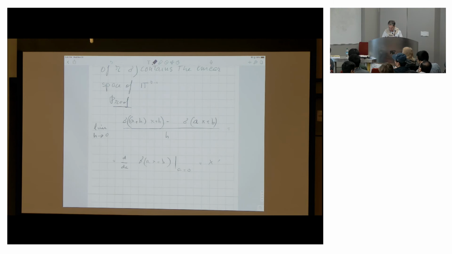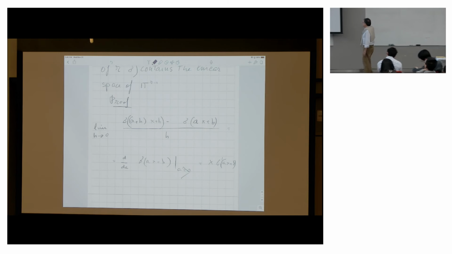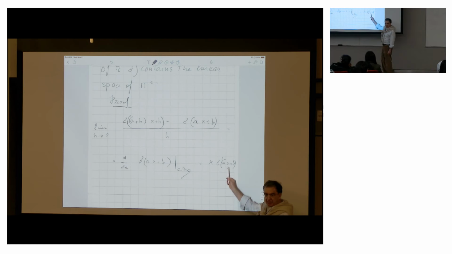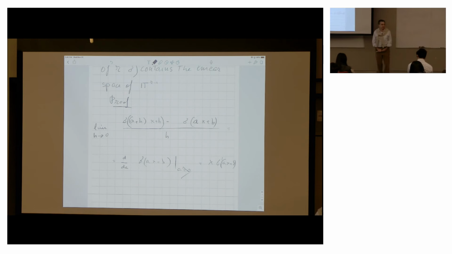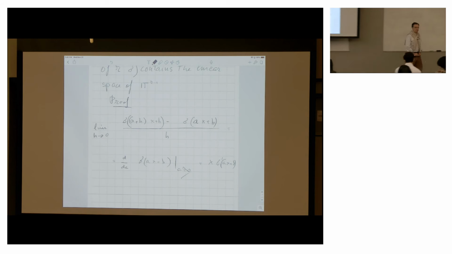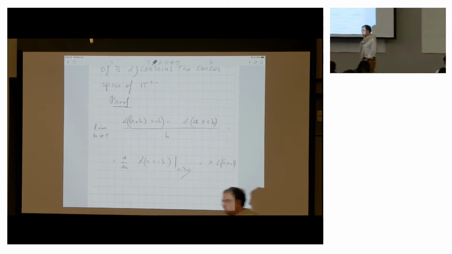Without this, it would be sigma prime of ax plus b, okay? But then I evaluate this at a equals 0, and then, for instance, with the ReLU, if b is positive, I know that the derivative is positive. So we also use the fact that sigma prime of b is non-zero, right?